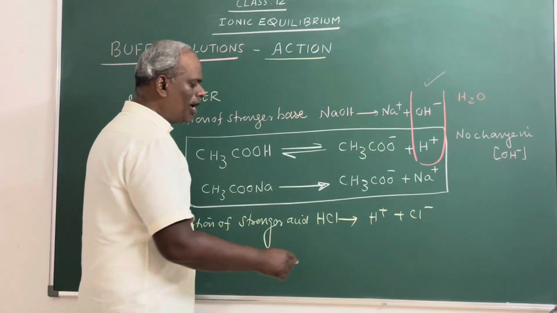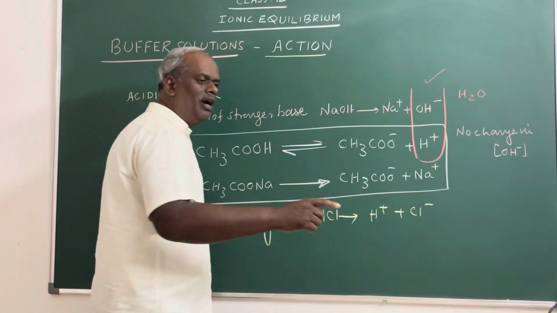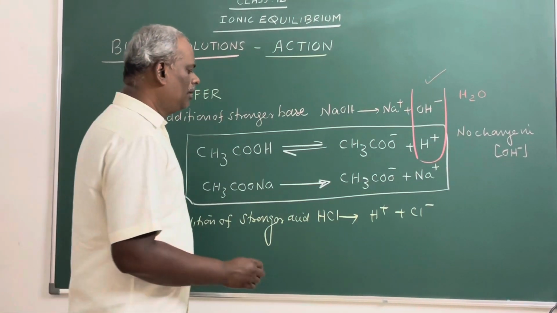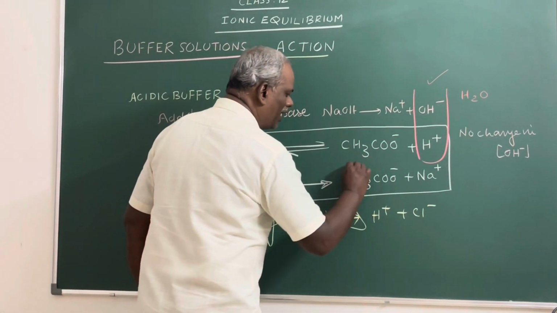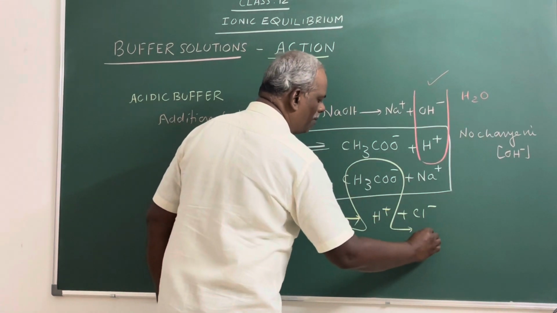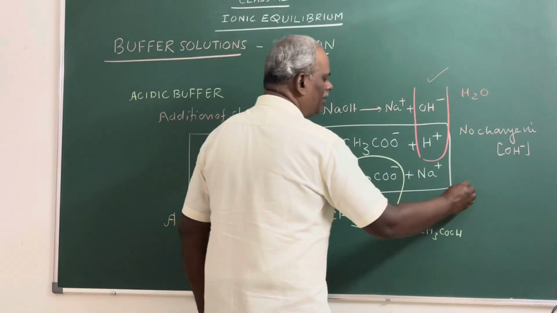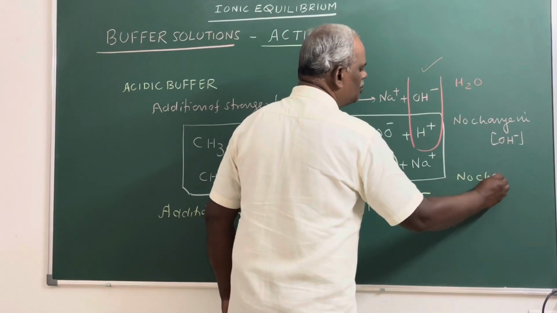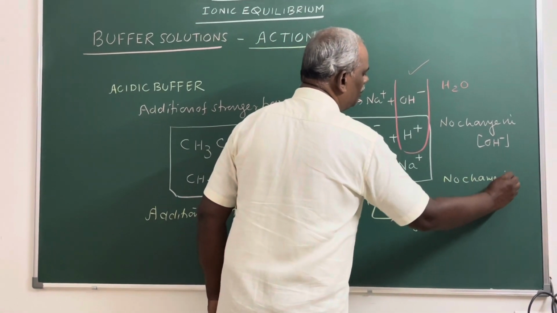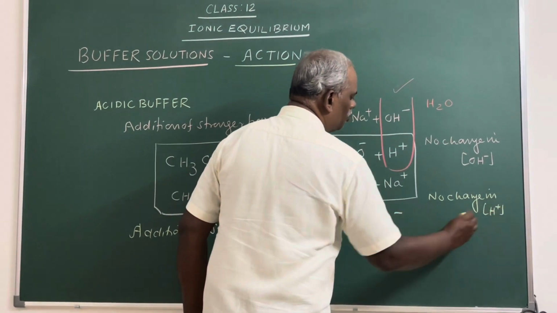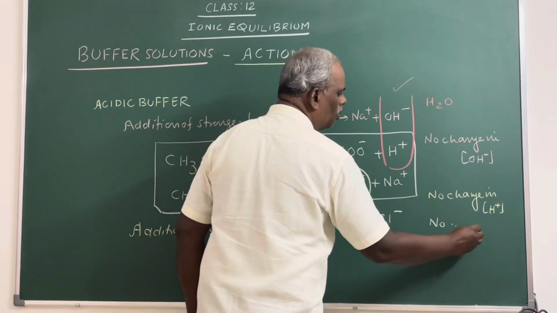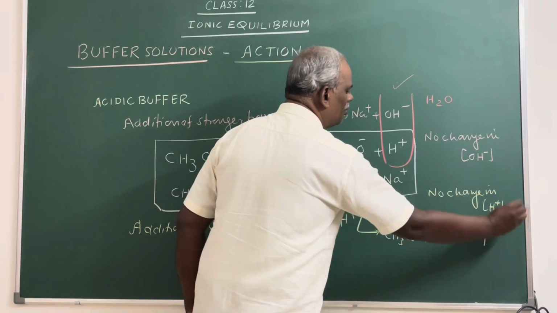Now, really the hydrogen ion concentration should increase, but the hydrogen plus can combine with this acetate to form acetic acid. So our attempt is failed. There is no change in the concentration of hydrogen plus, which means there is no change in pH value.